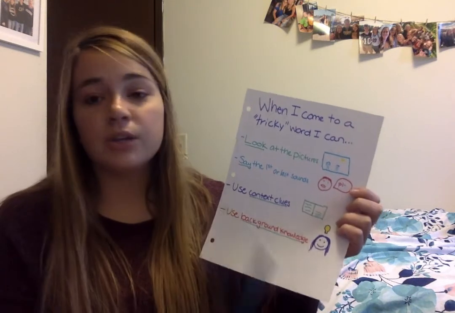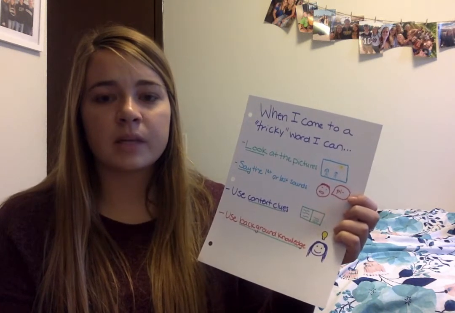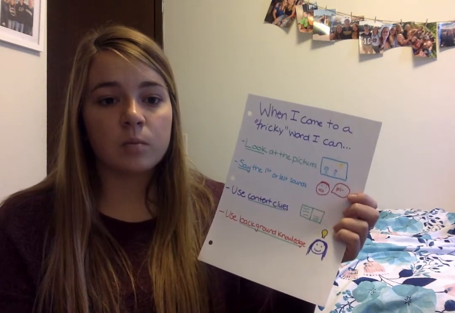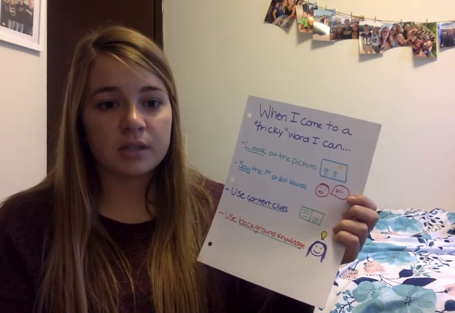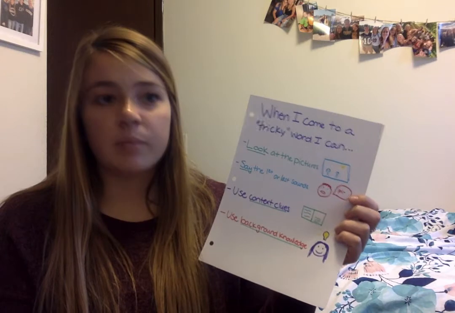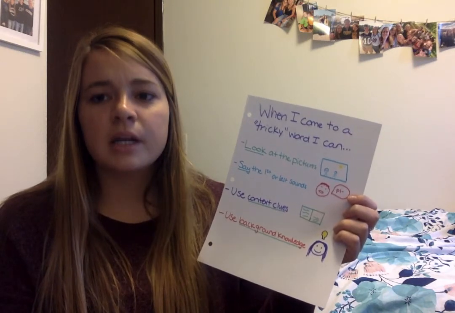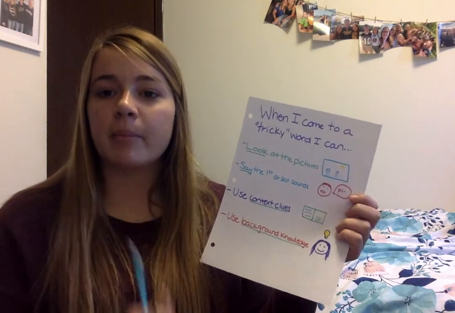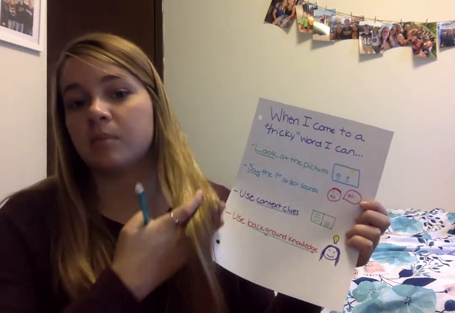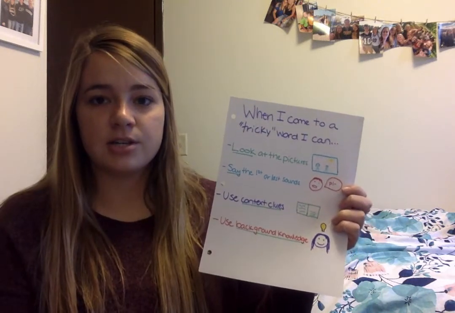Use context clues. So if it talks about a boy playing basketball with his friends, and you're trying to figure out the word court for a basketball court, you would know that since he's playing basketball, he might be playing on a basketball court. Or using background knowledge.